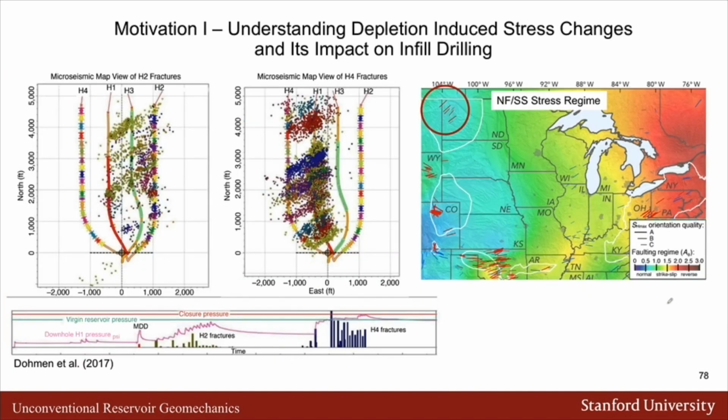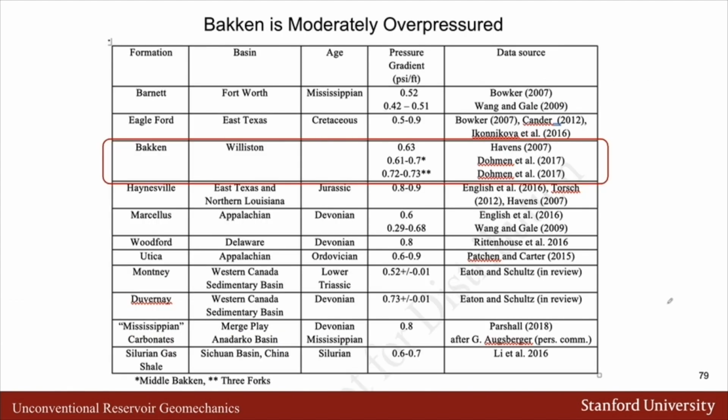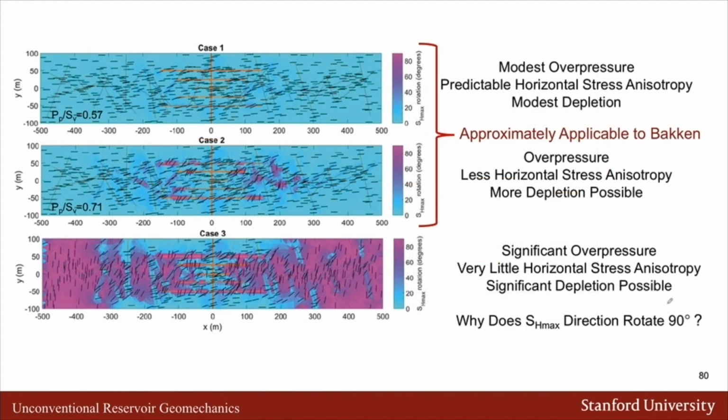And if we put this into a normal faulting strike slip stress environment and we look at reasonable values for the initial pressures, it actually turns out that this modeling as scaled for the Bakken is probably something between cases 1 and 2.